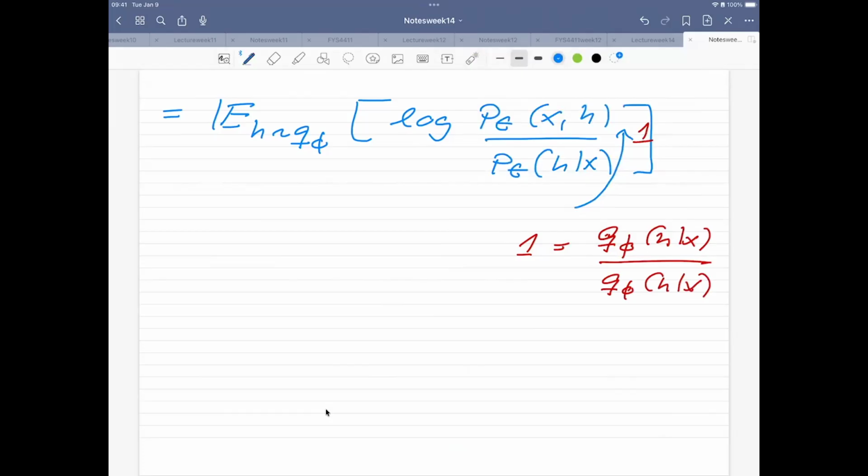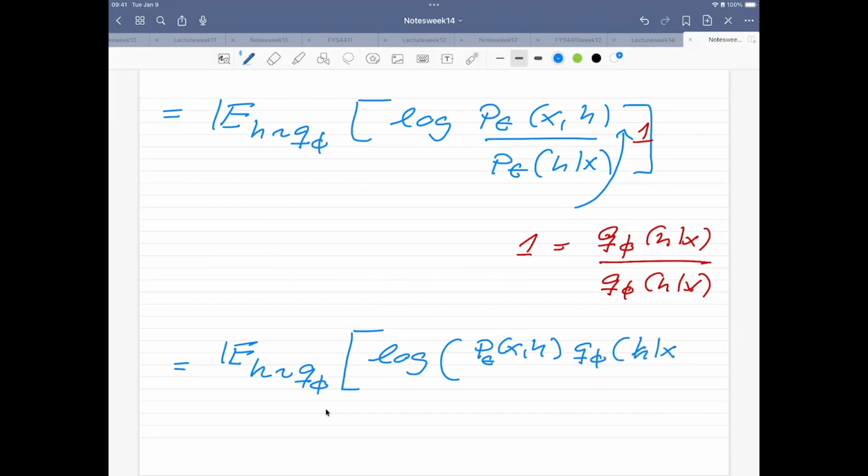So that gives me the following term. I have the expectation value with h drawn from this probability, which we haven't said anything about yet. And then we have the log of p theta of x and h, multiplied with q of phi of h given x, and then p theta of h given x multiplied with q of phi of h given x.